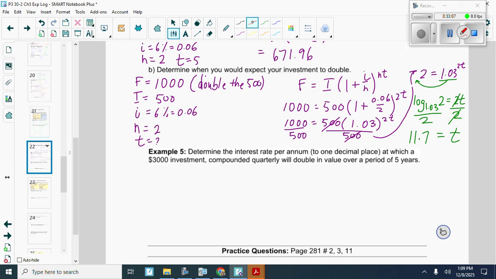So for this one, we're going to round up to the nearest year. So our answer is, for him to double his investment, it's going to take 12 years.